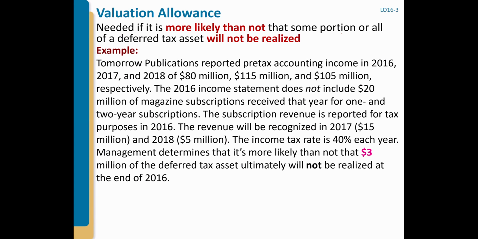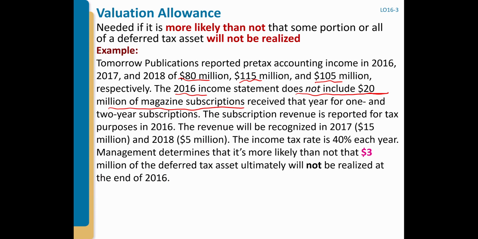So let's look at this example. This company reported pre-tax accounting income in 2016, 17, 18 of 80 million, 115, 105. Okay, so those are 3 years. The income statement for 2016, the initial year, does not include 20 million of magazine subscription received that year.